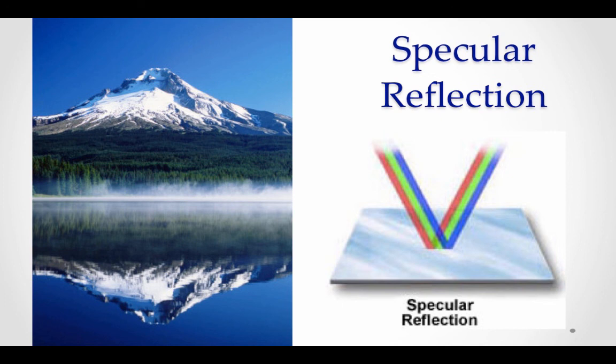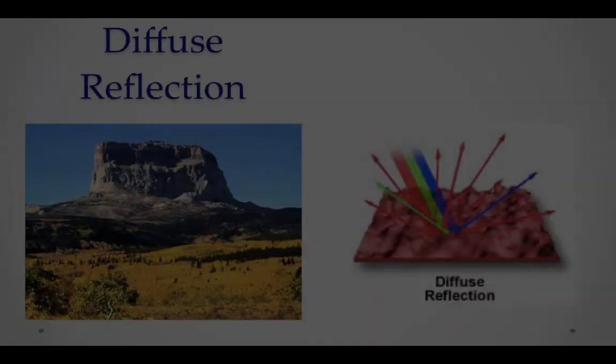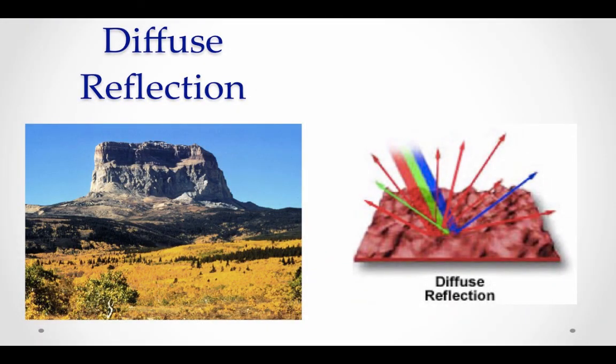Now, if you imagined a boat going by, or perhaps a storm coming along, you would not see that same image there. You would have a rough surface, and that would cause light to bounce in all different kinds of directions. That is known as diffuse reflection. So that's what's happening with this picture here.